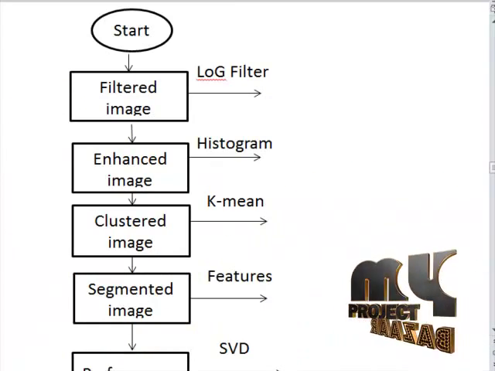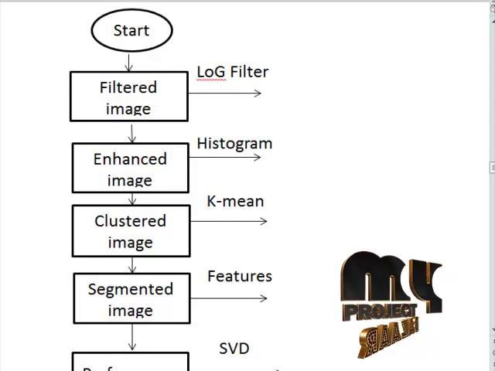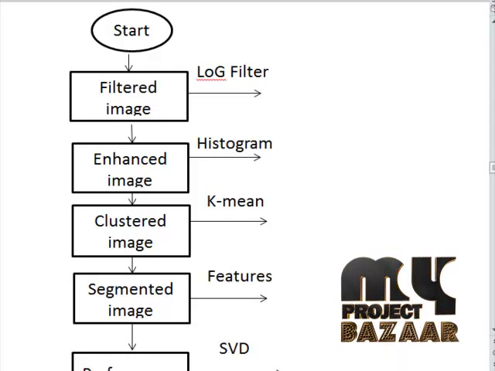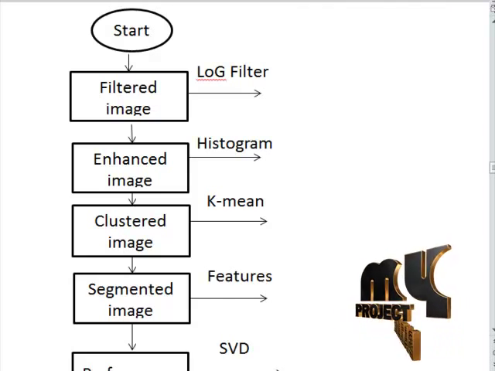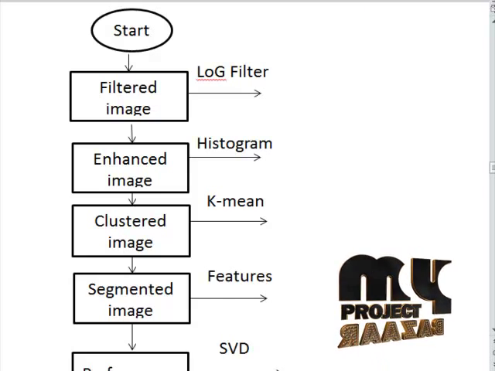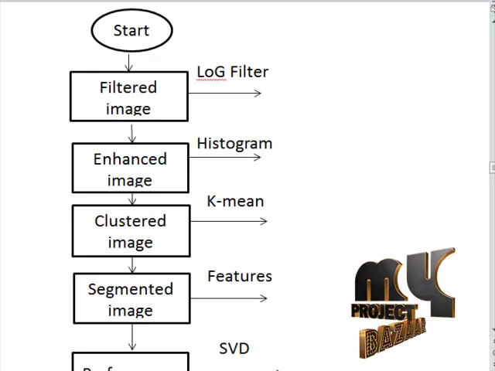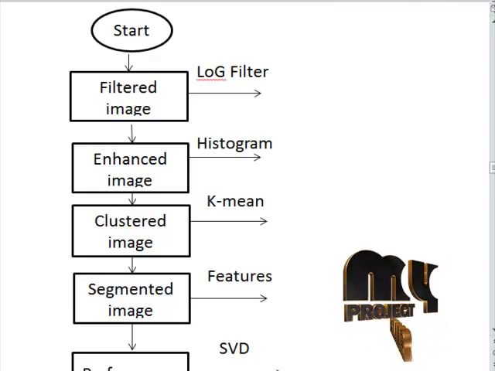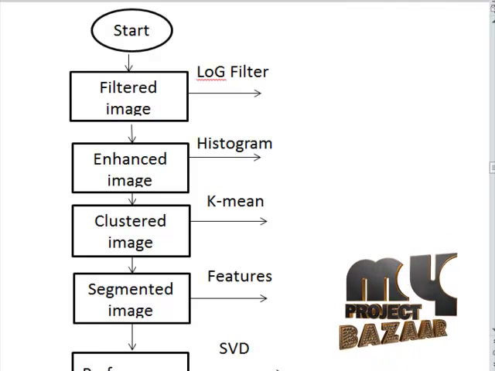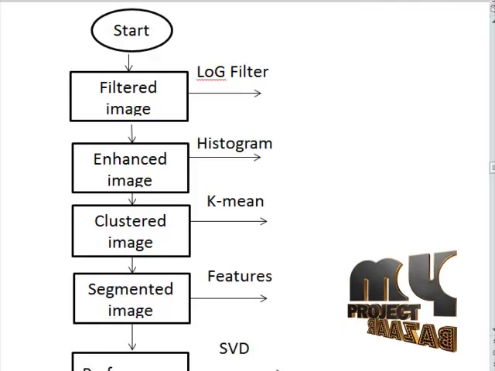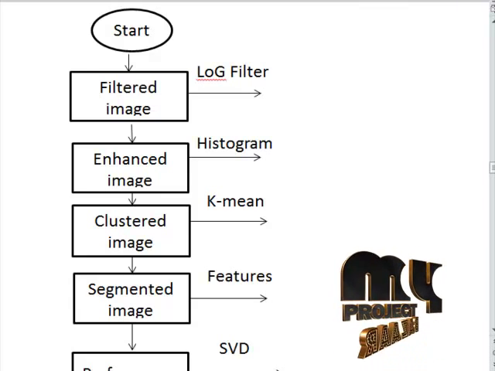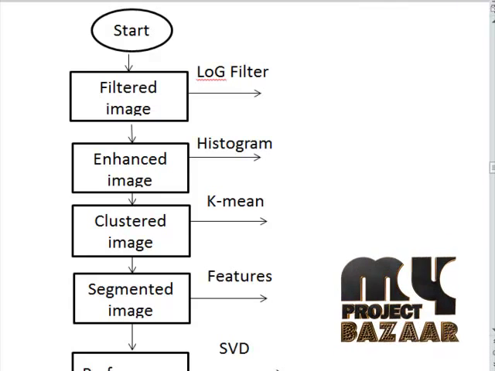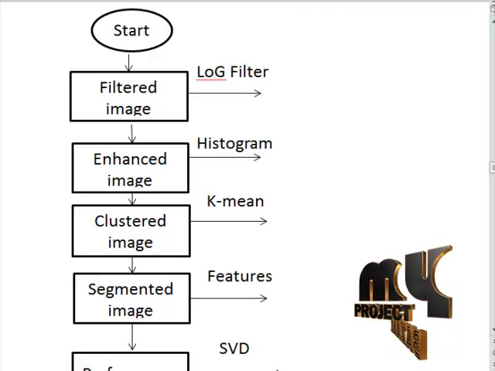In this flowchart, remote sensing images are taken as input to the system and the images are saved into the computer. After that, the input image is converted into the grayscale image, and in order to improve the quality of the images, we normally employ some filtering operations.